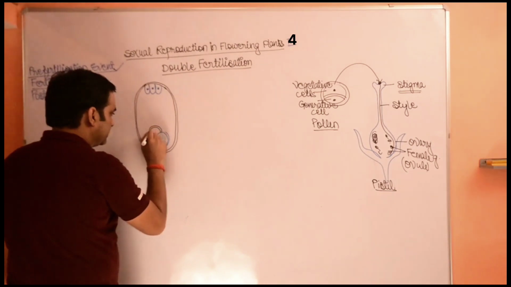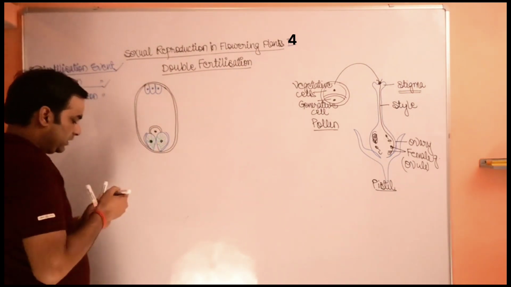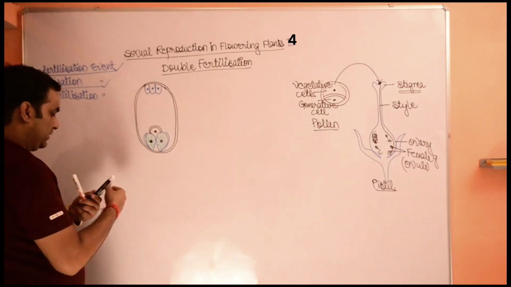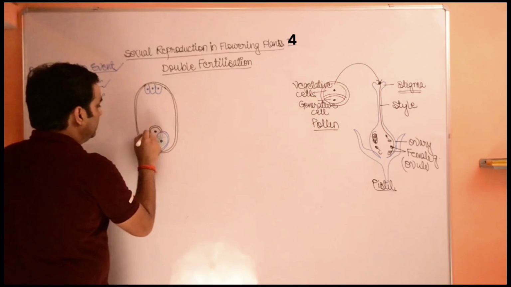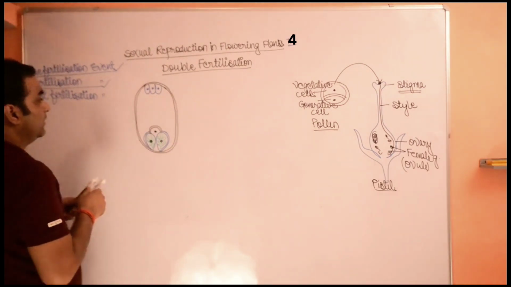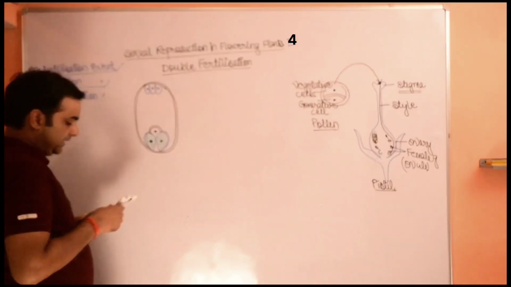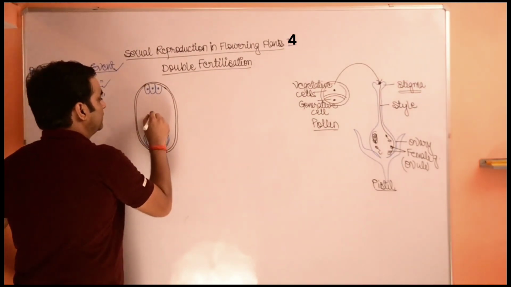Just behind them there is another cell, which is called the egg cell. It has its own nucleus, and all three have their own nucleus. The important thing is the labeling and the names. In the middle of this, two nuclei will be there, two nuclei in the center.